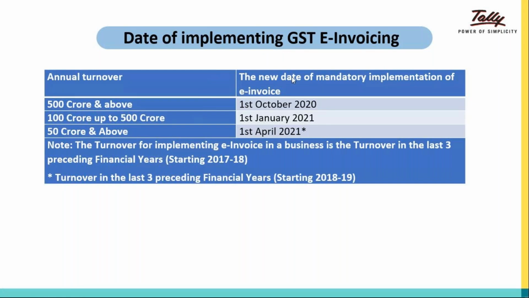And the latest one, that means the financial year from 1st April 2021, from then onwards the annual turnover limit was 50 crore and above. So if your annual turnover is more than 50 crores, then it is mandatory for you to have this GST e-invoicing. You can take a screenshot of this date of implementing slide.